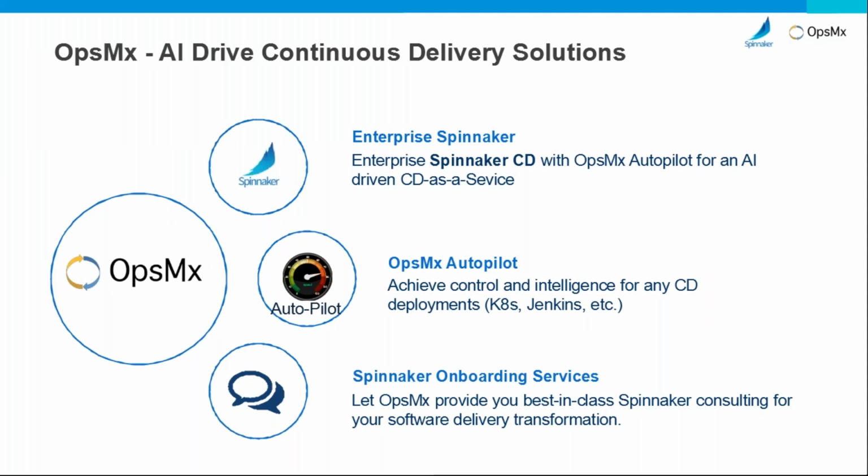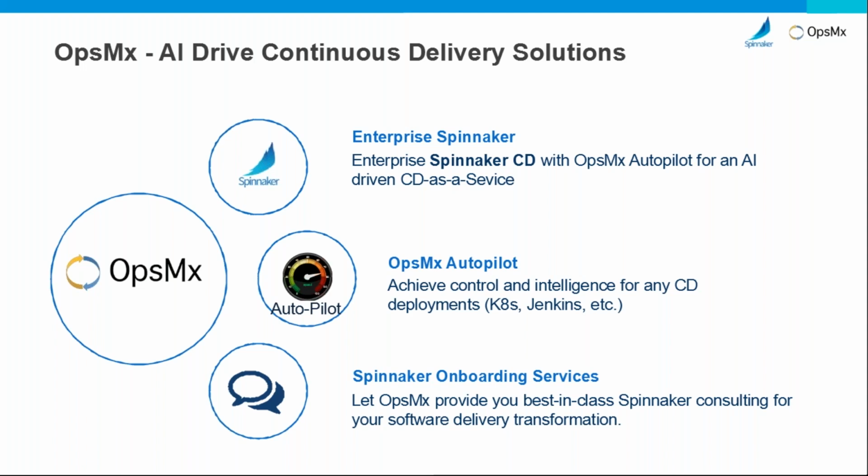So as I've mentioned, OES comes with our AI-driven solution, Autopilot, for your continuous delivery as a service. And I think I've already given you the insights about Autopilot and how it functions.